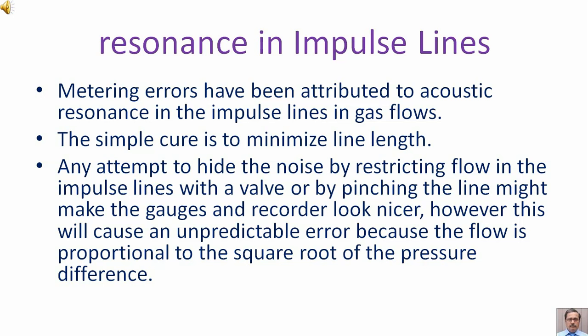Any attempt to hide the noise by restricting flow in the impulse lines with a valve or by pinching the line might make the gauges and recorder look nicer. However, this will cause an unpredictable error because the flow is proportional to the square of the pressure difference.